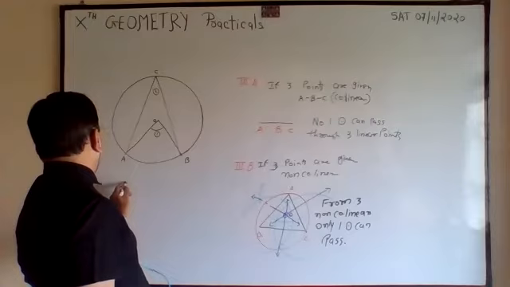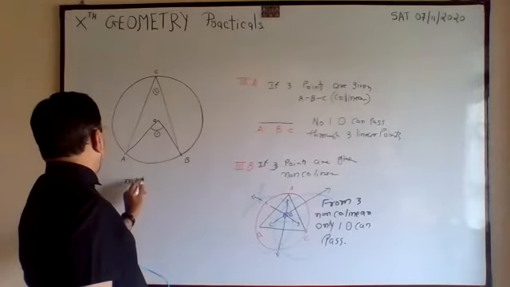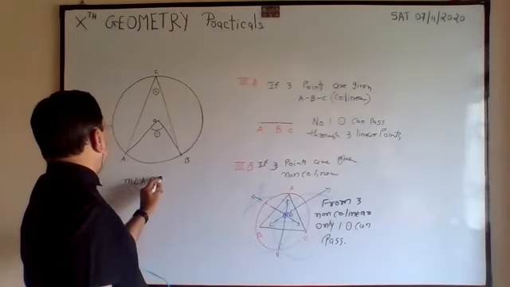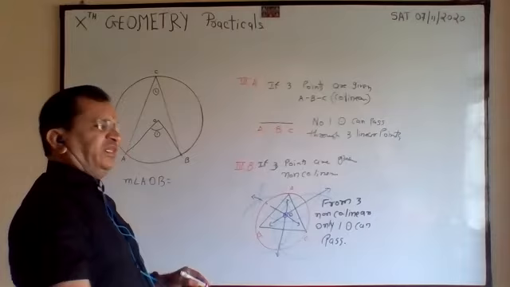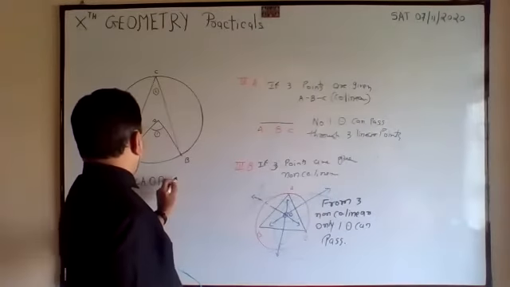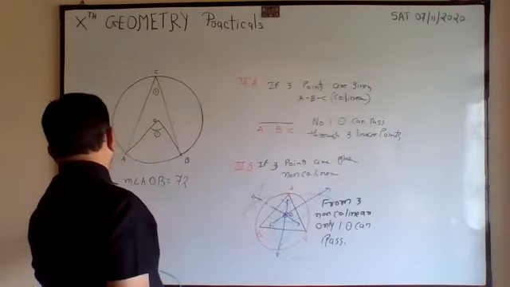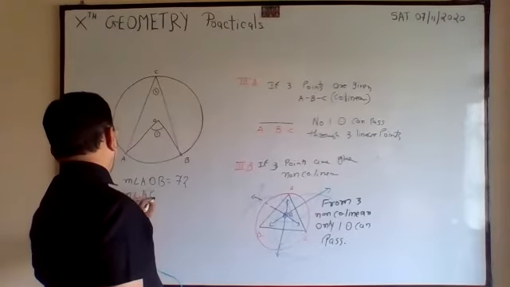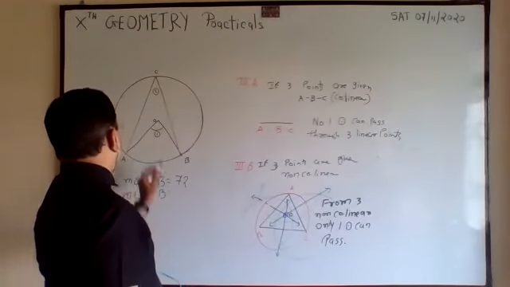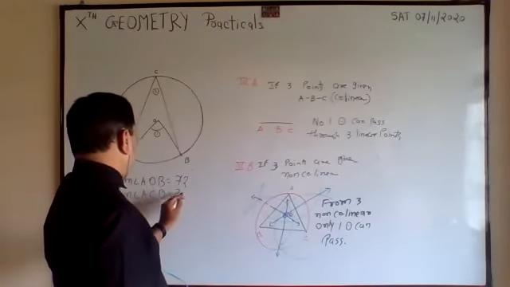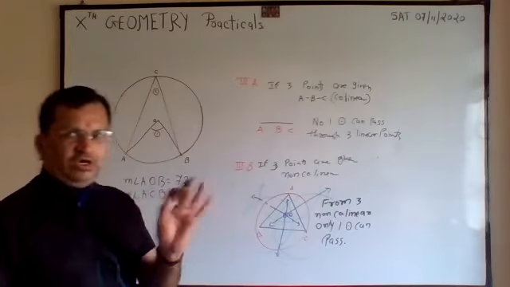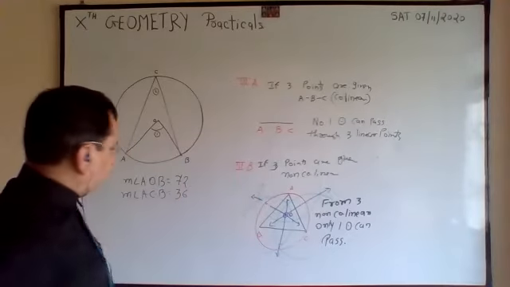For example, measure angle AOB. Draw and then measure. Suppose it is 72. So measure angle ACB. This will be 36. Measure it and write. Not by formula, not by theorem.